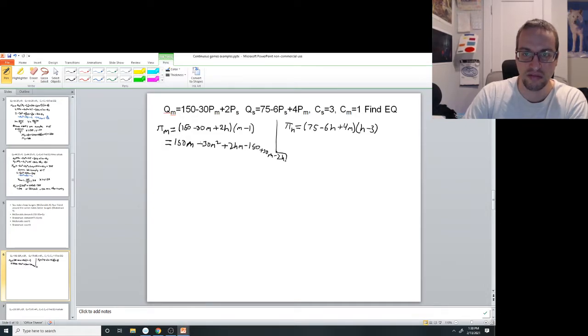Equals, we can again consolidate this to get in the form of what we want: negative 30m squared, plus we've got 150, or actually 180. We've got 180m from 30m and 150m.